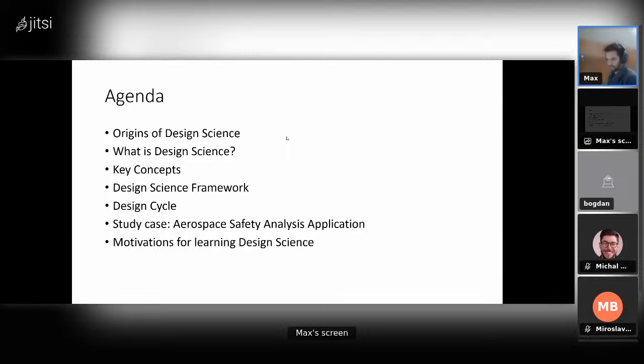Then we will try to apply it through a case study with an aerospace safety analysis app. And then at the end, I will tell you why I wanted to talk about design science and why I started to get interested in it.